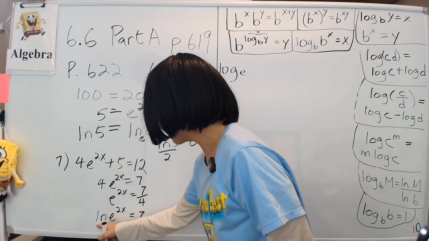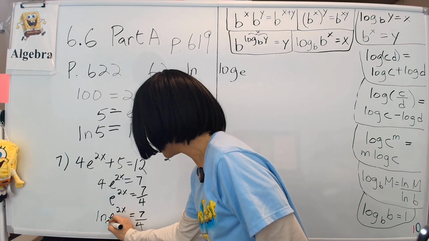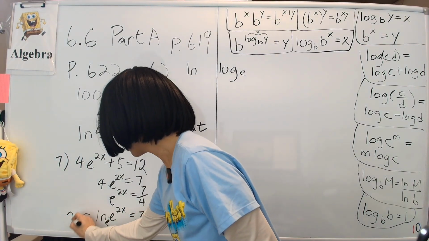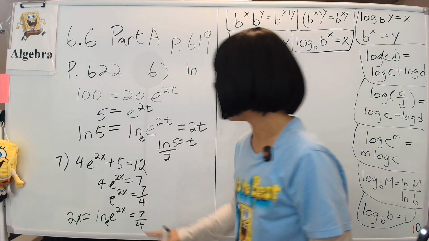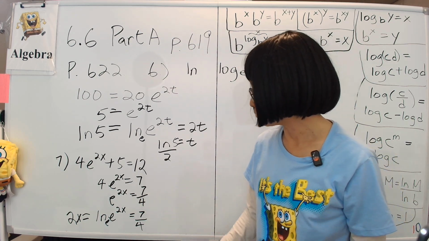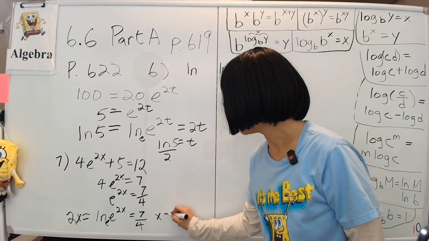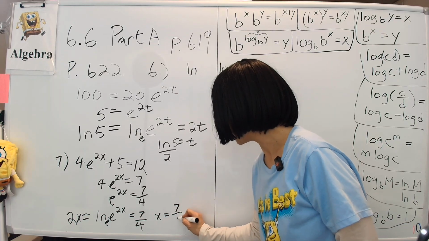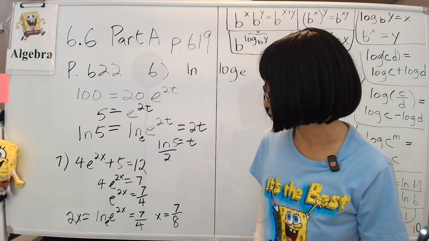The natural log of e to the 2x is log base e of e to the 2x, so that disappears and we only have 2x left. Then 2x is equal to the natural log of 7 over 4, and pushing the 2 down, x is equal to the natural log of 7 over 4, divided by 2. And that is the answer.